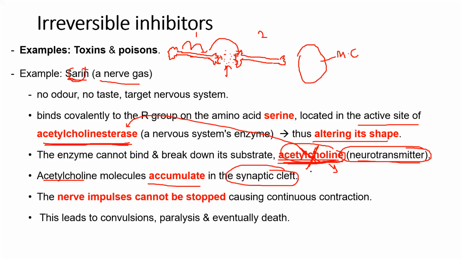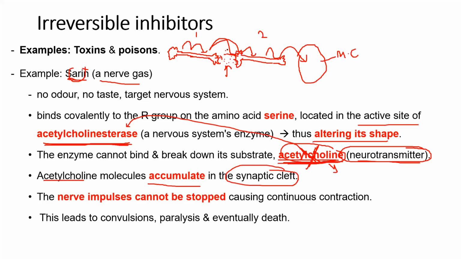Once it binds, then only can the impulse be transmitted and received by the muscle cell, causing the muscle cell to contract. But you do not want continuous transmission of impulse and continuous contraction of the muscle cell.